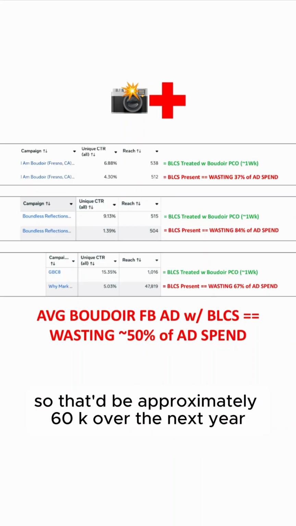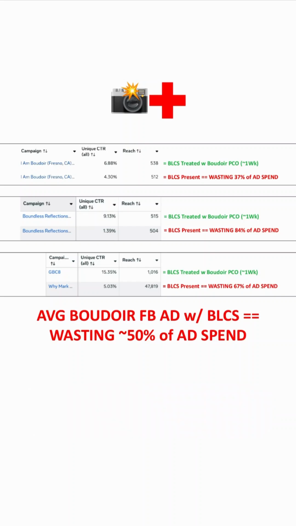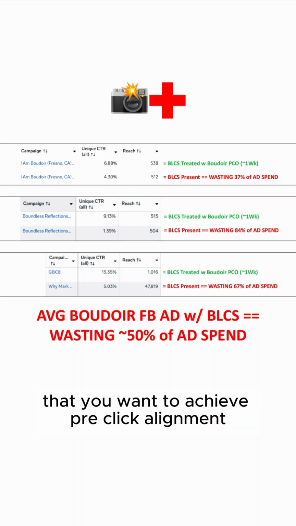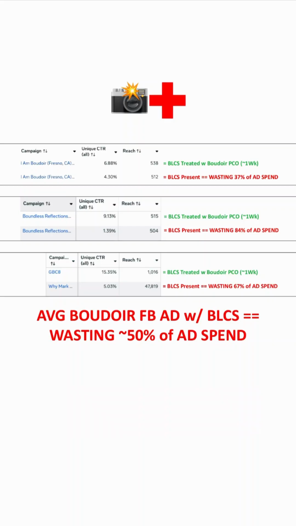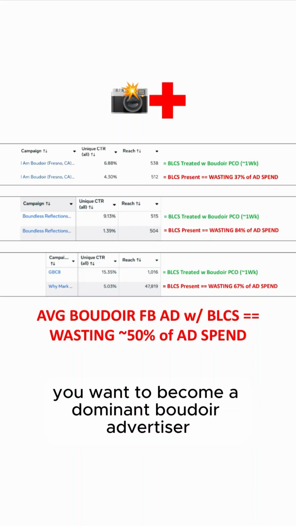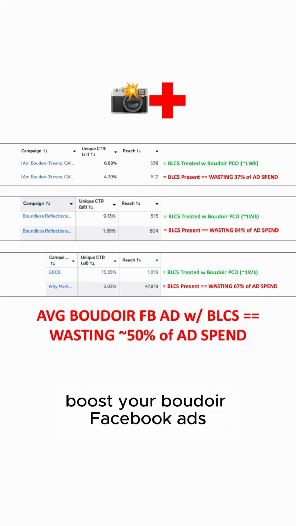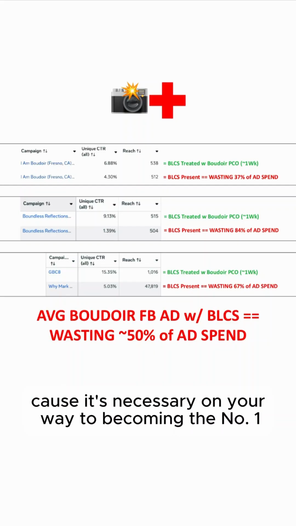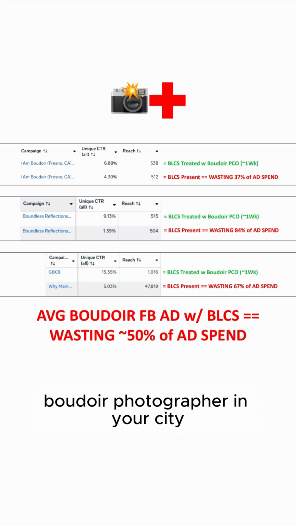So that'd be approximately 60K over the next year. And decided that you want to achieve pre-click alignment. You want to become a dominant boudoir advertiser. You want to achieve boudoir brain entry boost, your boudoir Facebook ads, because it's necessary on your way to becoming the #1 boudoir photographer in your city.